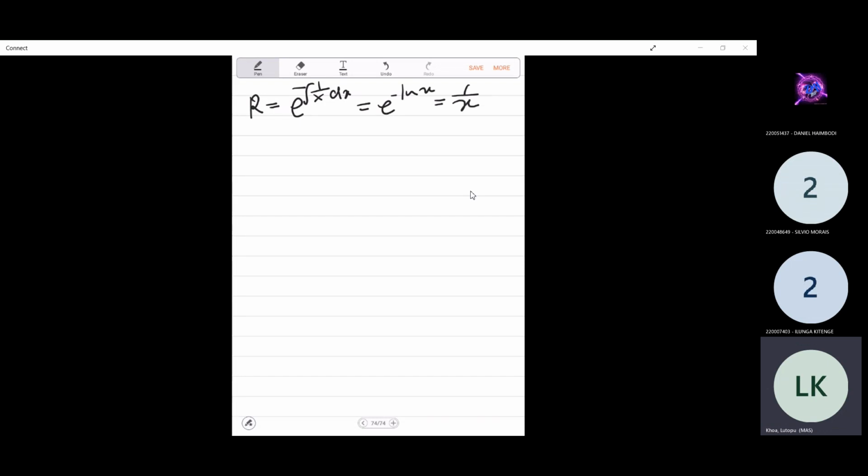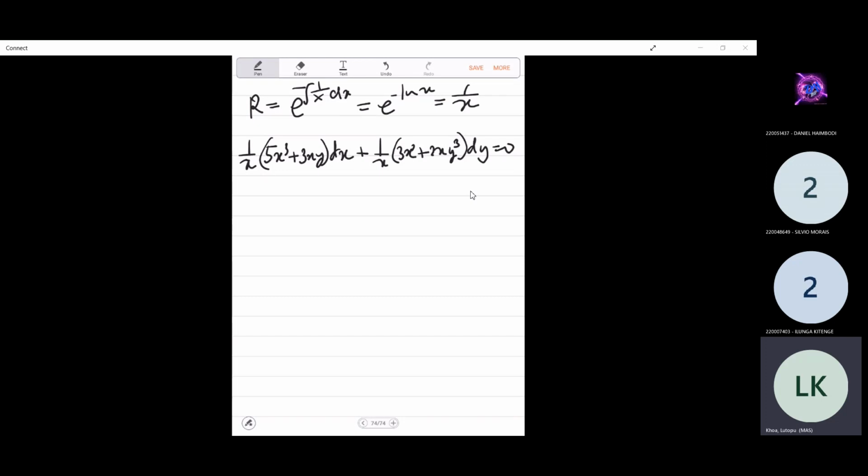So we multiply everything by 1 over x. So we have 1 over x multiplied by (5x to the power of 3 plus 3xy) dx plus 1 over x (3x squared plus 2xy to the power of 3) dy.